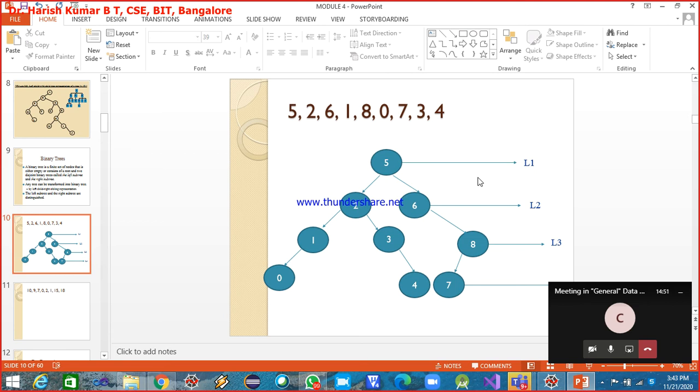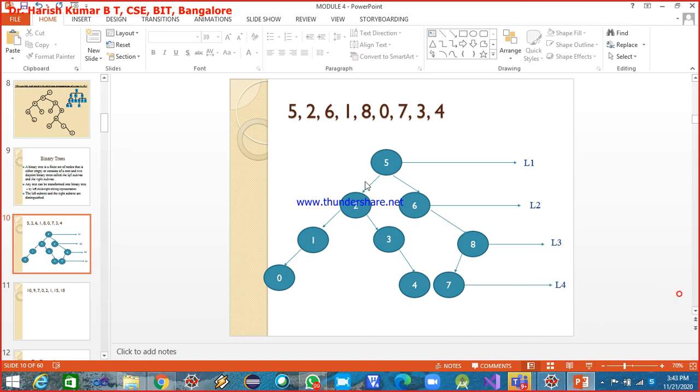You understood how the nodes are represented using trees, and we also understood how to construct a binary search tree when a list of integers or information fields is given. It's very straightforward, nothing difficult.